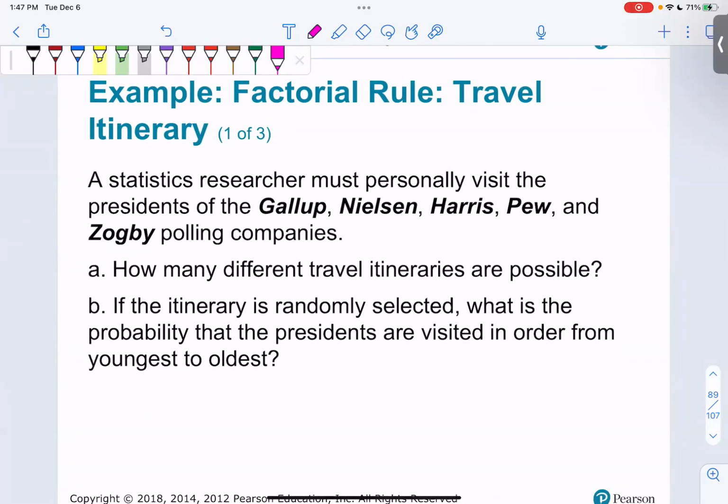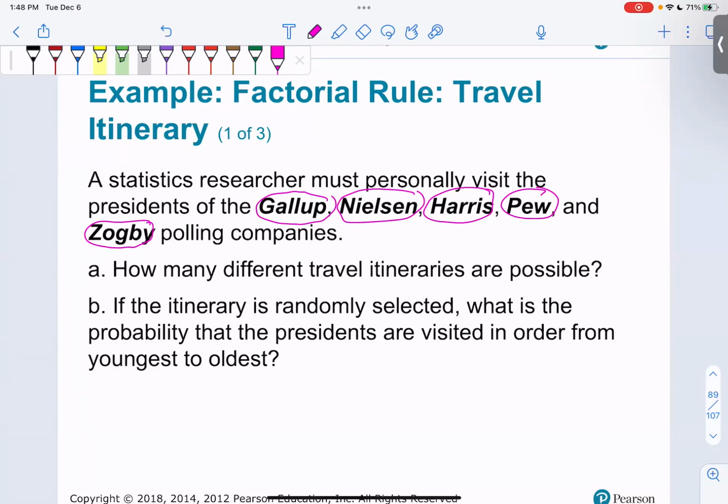So now we have some of those companies, okay? So we have 1, 2, 3, 4, 5 companies. So now a statistics researcher must personally visit the president of those 5 companies, right?